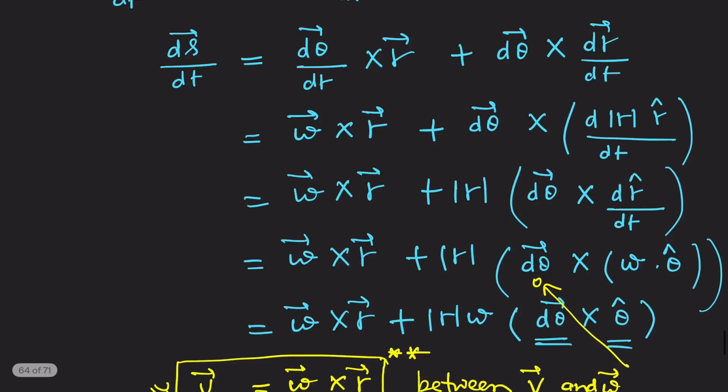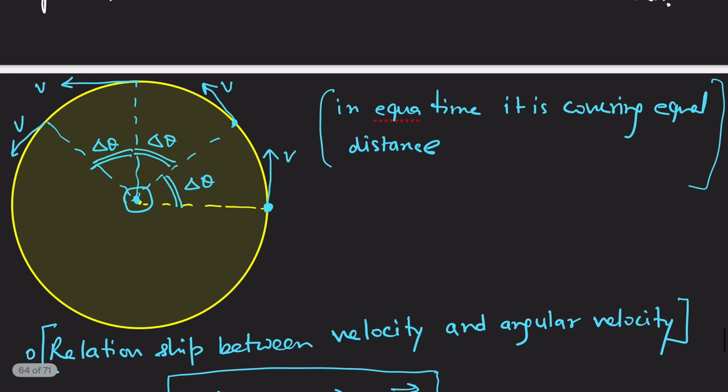Try to understand this. Here the speed was v, here also the speed is v, and here also the speed is v. If no force is acting along the direction of velocity, the speed will not change, in either the same direction or the opposite direction. If the force is not along the velocity, it is not going to change its magnitude.